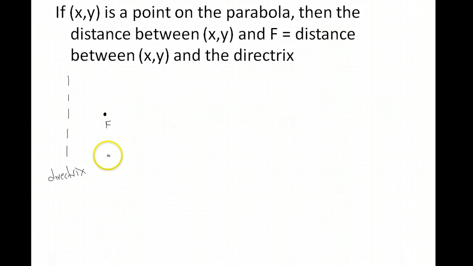The idea of a parabola is that it is all of the points that are equally distant from the directrix as well as the focus. So notice one obvious point is this one right here. That is a point on the parabola because it is equally distant from the directrix as well as the focus. I have to do this very carefully. Notice its distance to the directrix is this distance here, and the distance to the focus is here, and that's the same length.